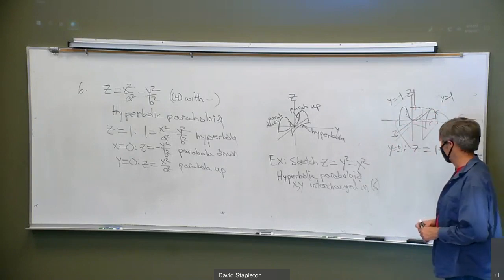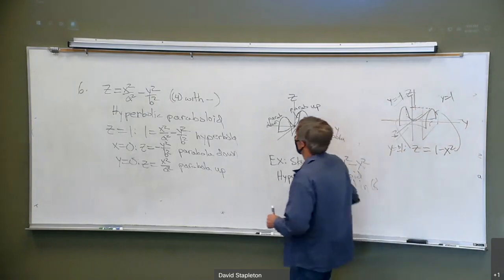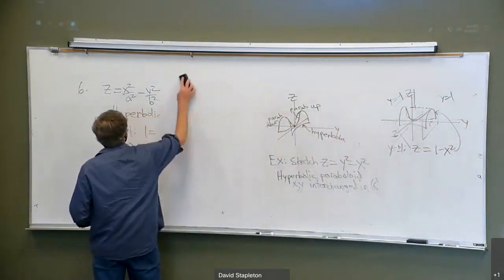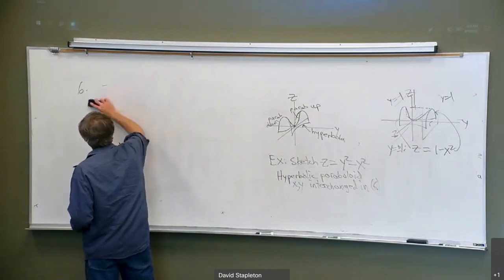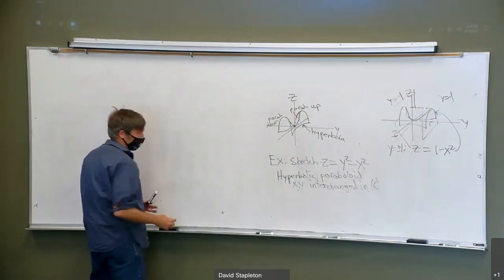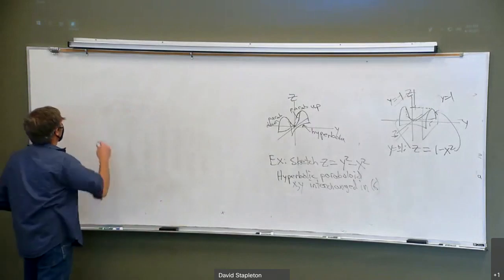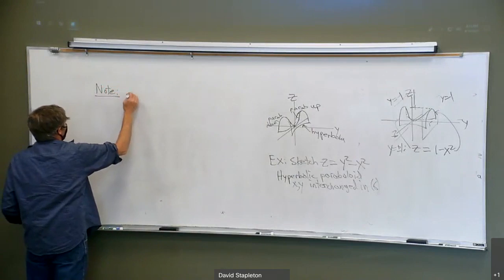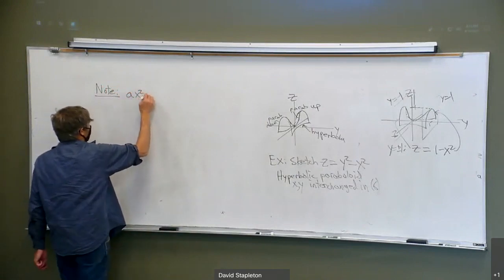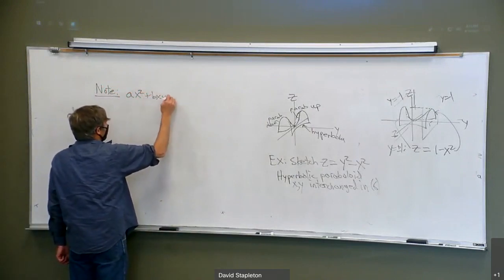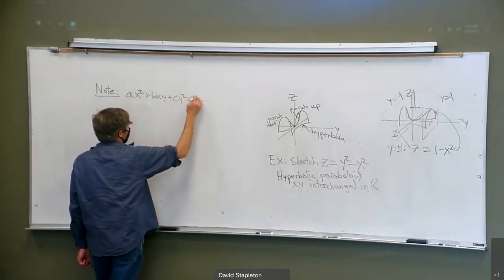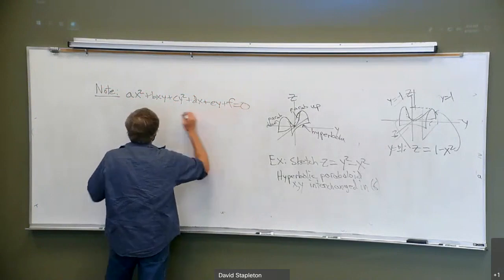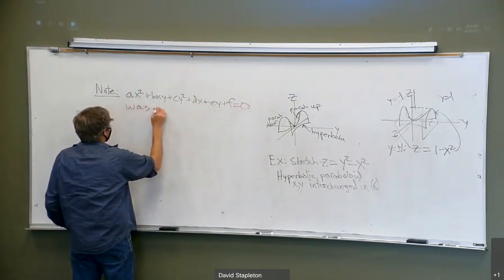Okay, there they are in all their glory. Quadric surfaces. There's 6 of them. And then we have this following very interesting note, right? You recall that any equation of the form ax squared plus bxy plus cy squared plus dx plus ey plus f in the plane equals 0 was a conic section.